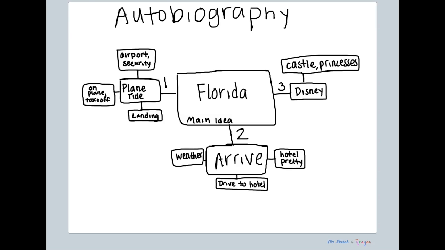Then I need to think about the second supporting detail that I want to have for Disney. And I think I want to talk about the Toy Story ride. And then I'm going to put a box around it.